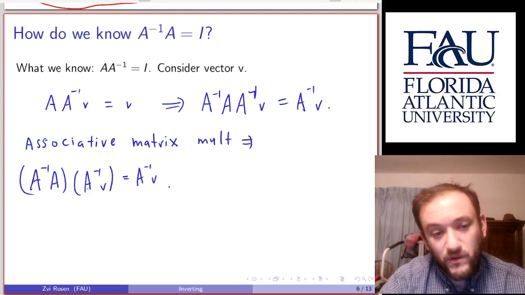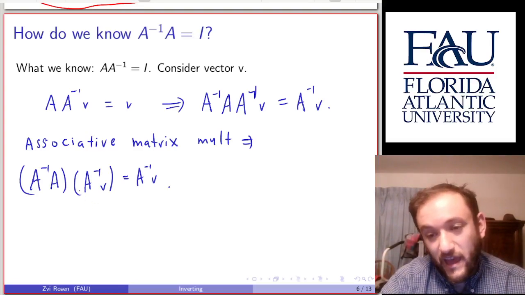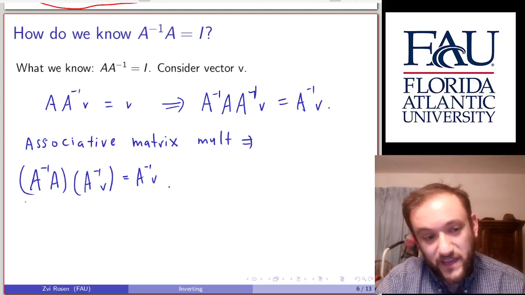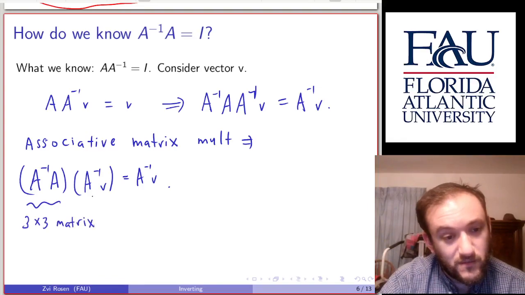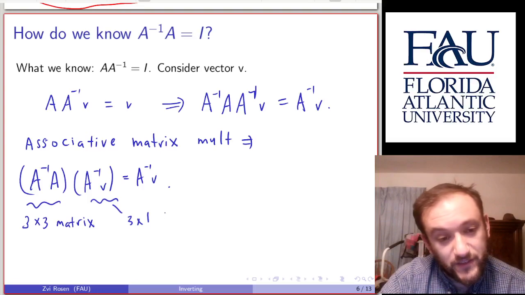So what did we do here? I have some matrix, and I multiply. This is a 3 by 3 matrix. This is a 3 by 1 matrix, or a vector.